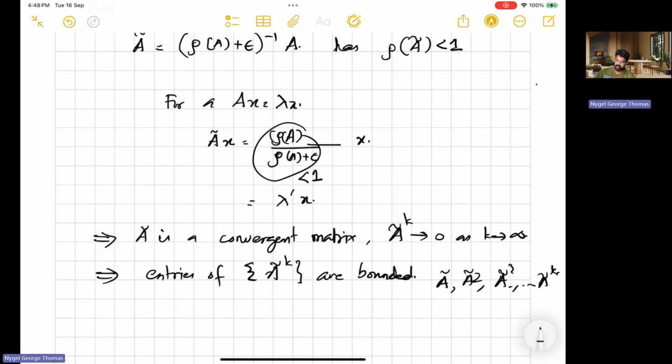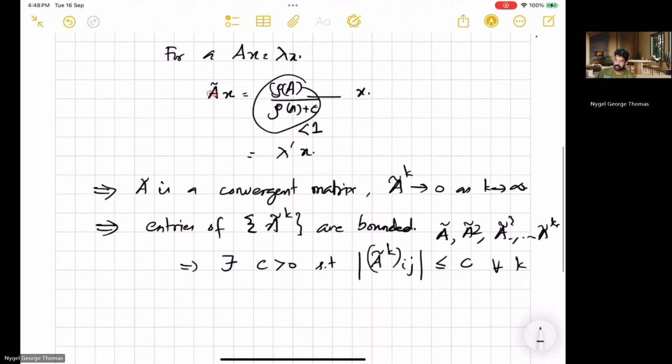This implies there exists some c greater than or equal to 0 such that the modulus of the ijth entry of A tilde raised to k is less than or equal to c, for all k and for all ij, because it is going to be bounded as we go to the higher powers.